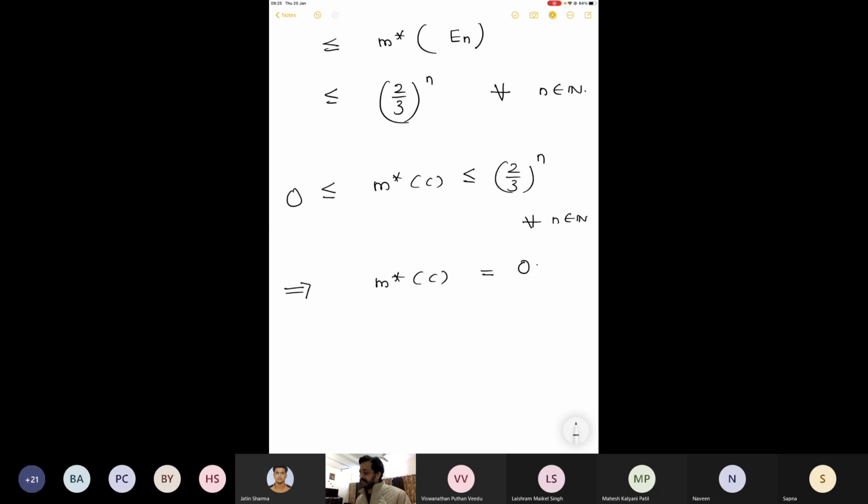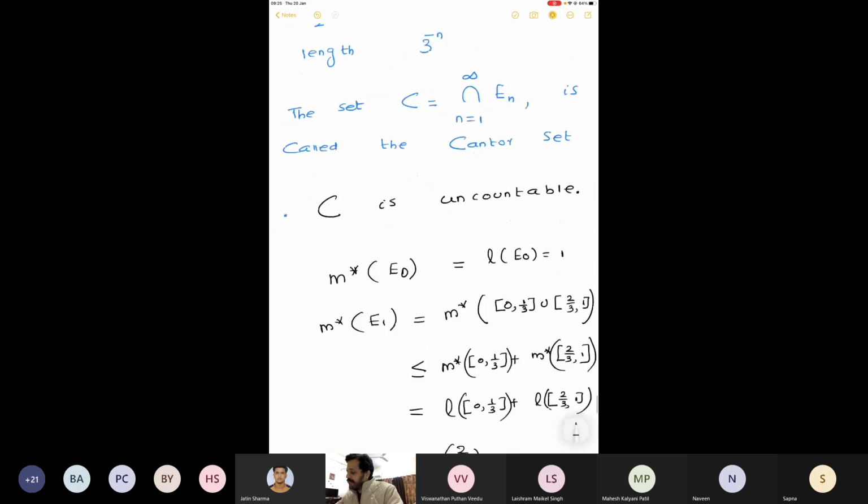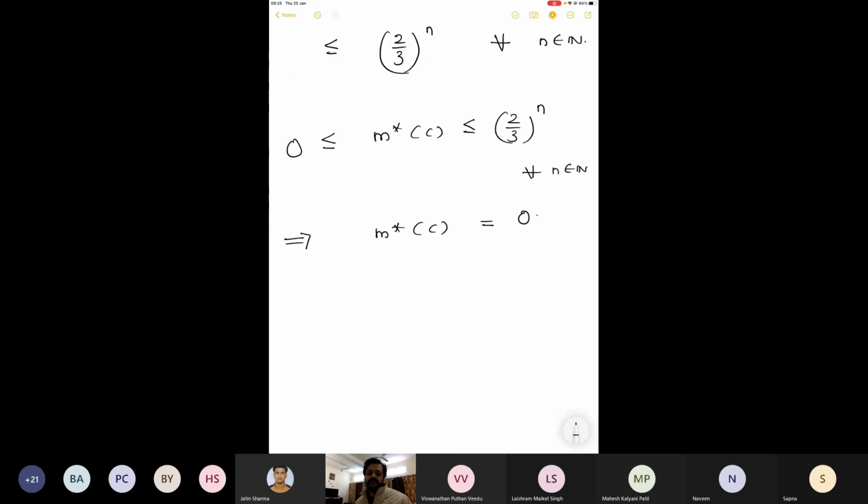Unfortunately, this is an unpleasant situation. C is uncountable, but still M star is equal to 0. So in general, countability and uncountability cannot be distinguished with the help of zero and non-zero outer measure.